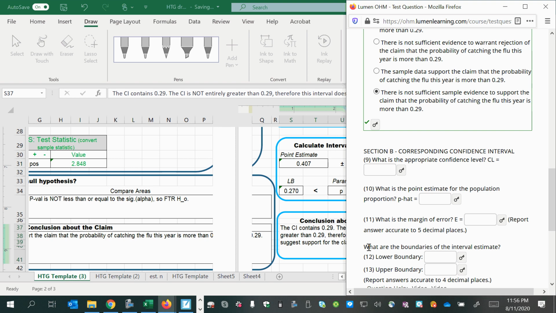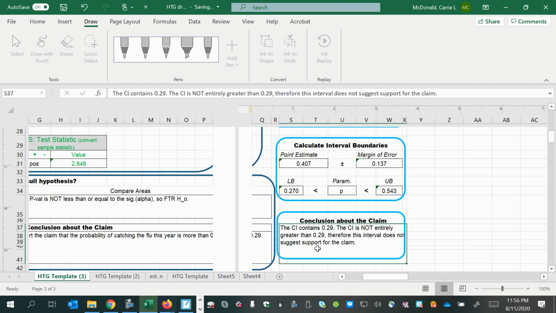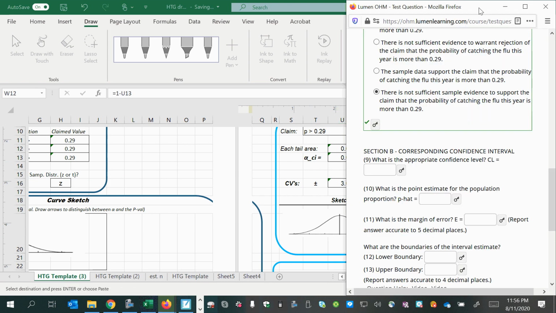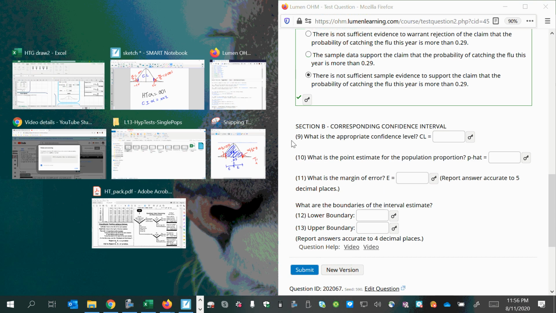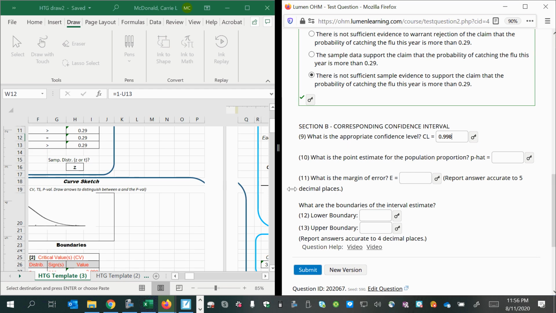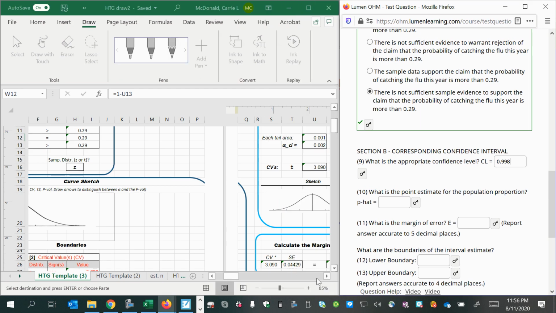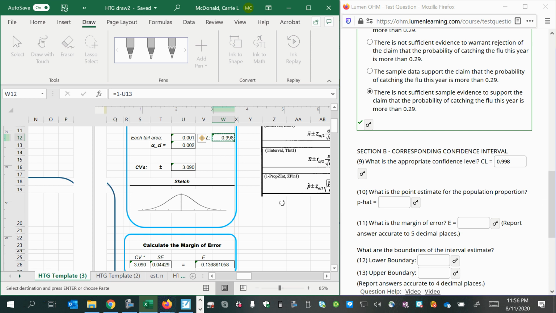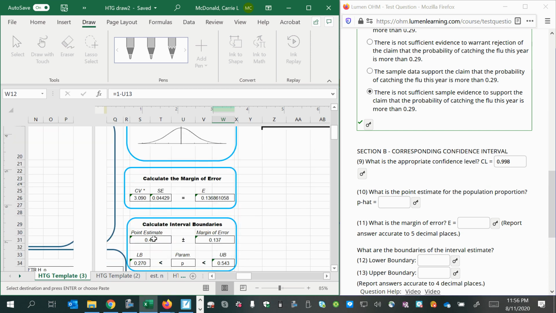Okay, so what is the appropriate confidence level? We said it was 0.998. All right, and what is the point estimate? P hat. What is P hat? P hat is right here.